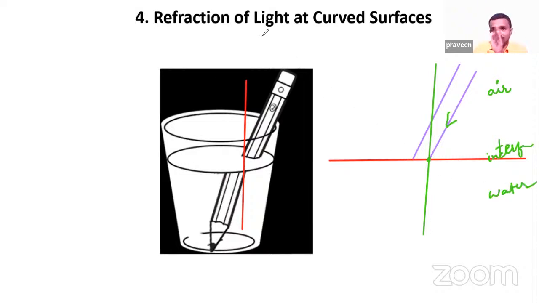The pencil is observed as bending. So why is it? Because of the change in the direction of the light ray. Inside the water, that light ray is going to bend like this. At this place also, that light ray bends like this.